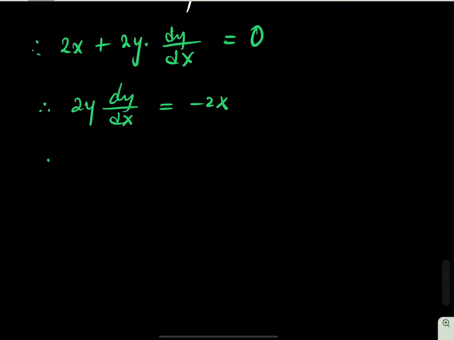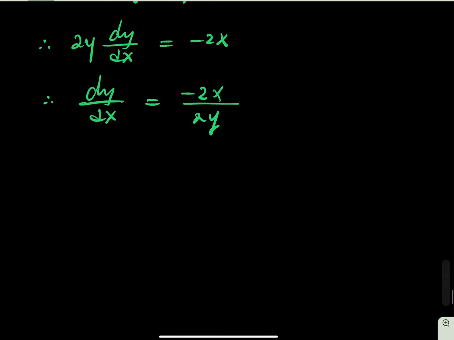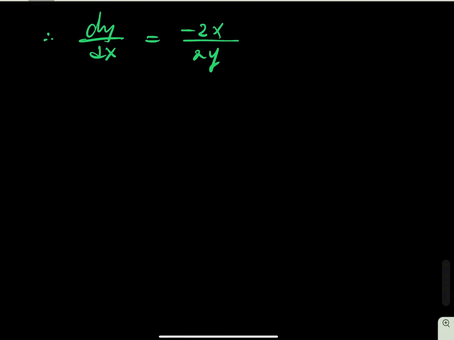And this should really be dy by dx is equal to, you divide both sides by 2y, so negative 2x over 2y. And as a result, you arrive at dy by dx is equal to negative x over y.